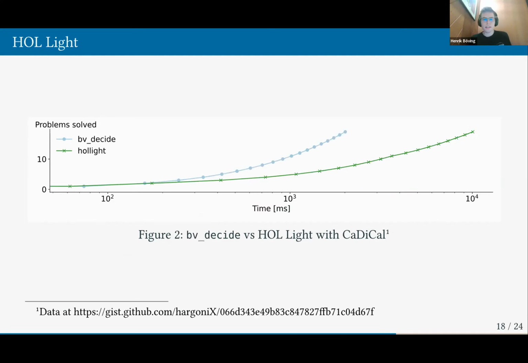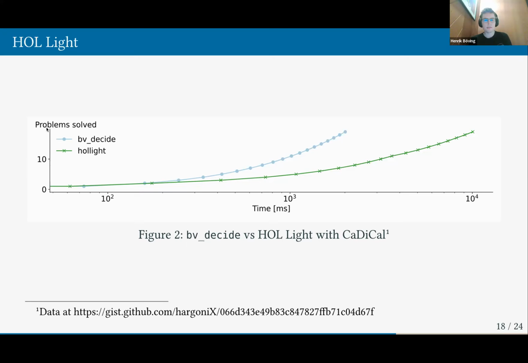Next comparison is against HOL Light. Unfortunately, of course, there doesn't really exist a great set of problems that are shared between HOL Light and Lean, just on a syntactic level. For the Bitwuzla part, we could just export the problem to the standardized SMT-LIB format, but I don't know much about HOL Light. So what I did is take their example file for bit blasting and manually translate it to Lean.